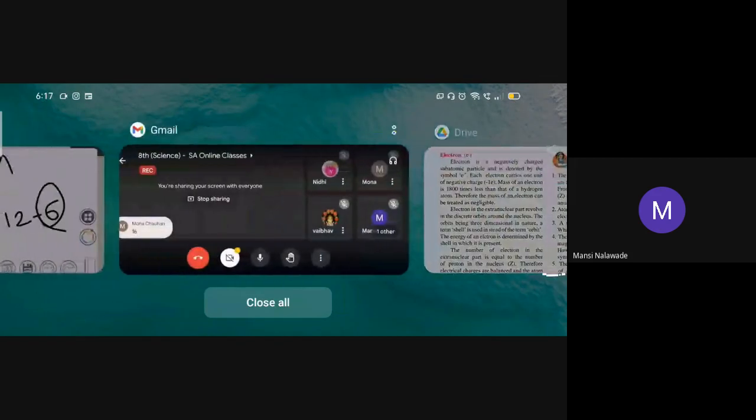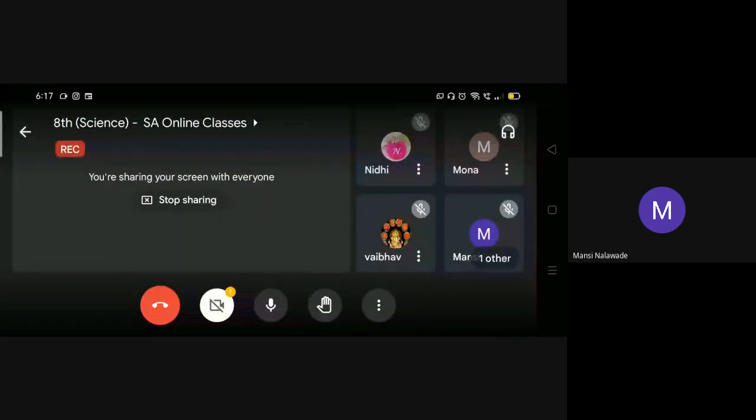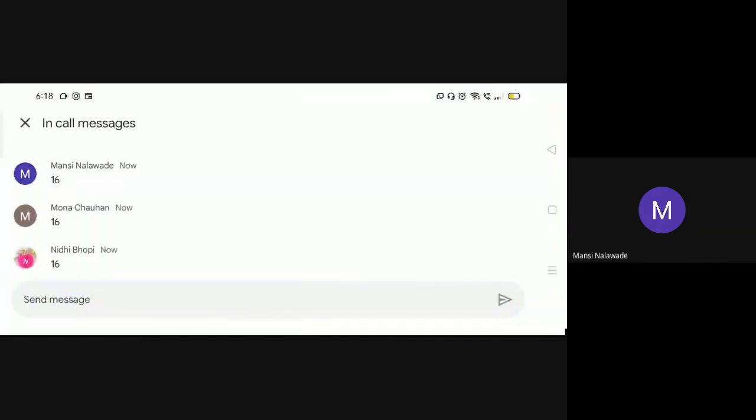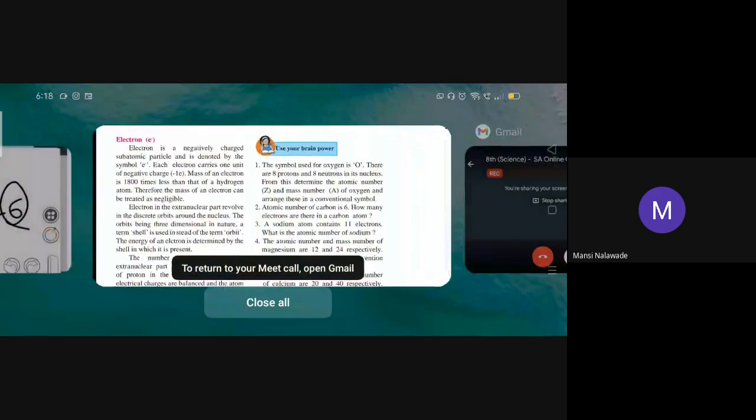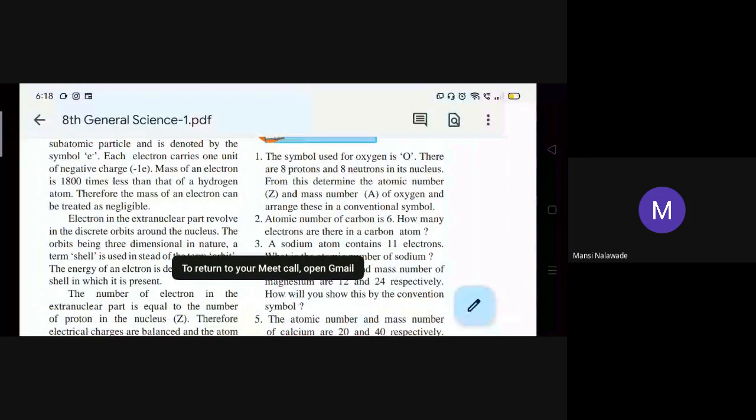Then how will you denote it now? A on top and Z at the bottom, and in the middle the symbol, the initial. Then how will you denote it? Yes, how will you denote that? You have written 16, all of you have written 16, but you have found out 16 as just a mass number.